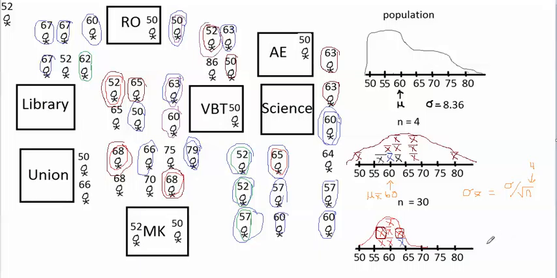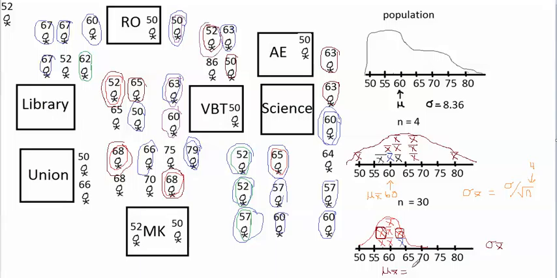So here, each of all of these possible samples of 30 people has a sample mean, and all of those sample means have a mean and standard deviation of their own. Just like up here, the mean of the sampling distribution is still the population mean.